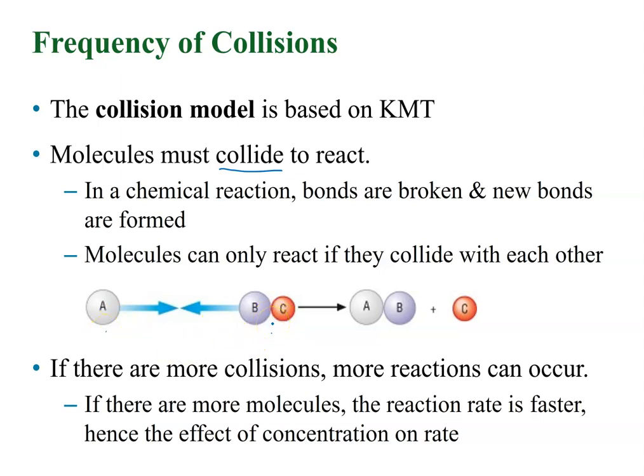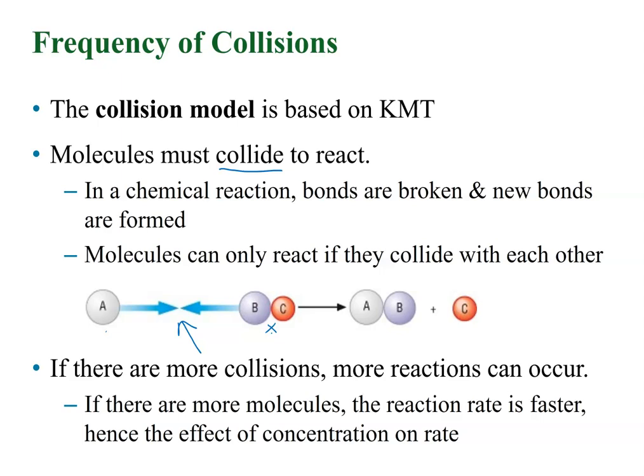So they must come together if they are going to react. And you see here, A will collide with BC, and the energy of this collision will provide the energy to break the bond between B and C, and then allow A to bond with B, and C would go off separately.